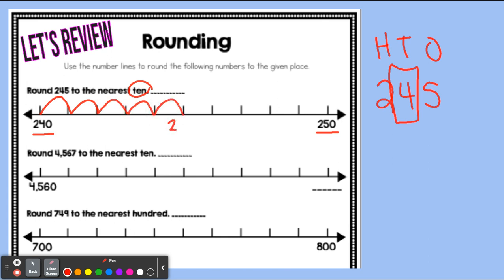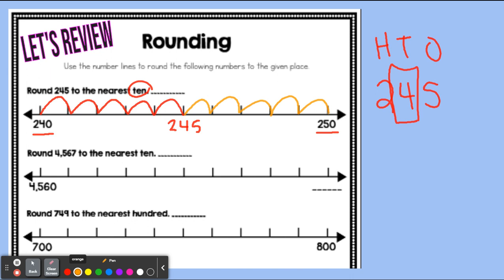So 245 is right there. In order to find what the nearest ten is, we're going to see what it's closest to. In this case, I've got 5 jumps: 1, 2, 3, 4, 5. On the other side, to get to the other 10, I've also got 1, 2, 3, 4, 5 jumps.